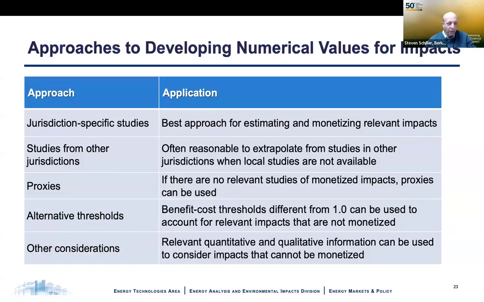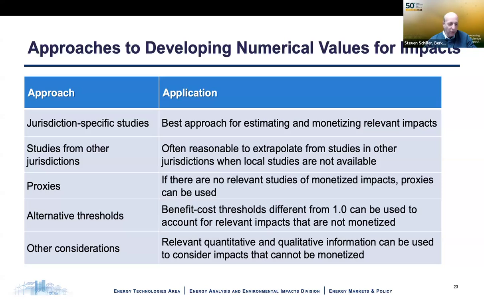Some approaches for developing those values. Well, one, of course, you can do your own specific studies, doing analysis of what the savings are or the impacts, environmental impacts, utility system impacts associated within your particular jurisdiction. A lot of those do exist, so you can use studies from other jurisdictions out there. If you're having difficulty coming up with values, you could use a proxy.